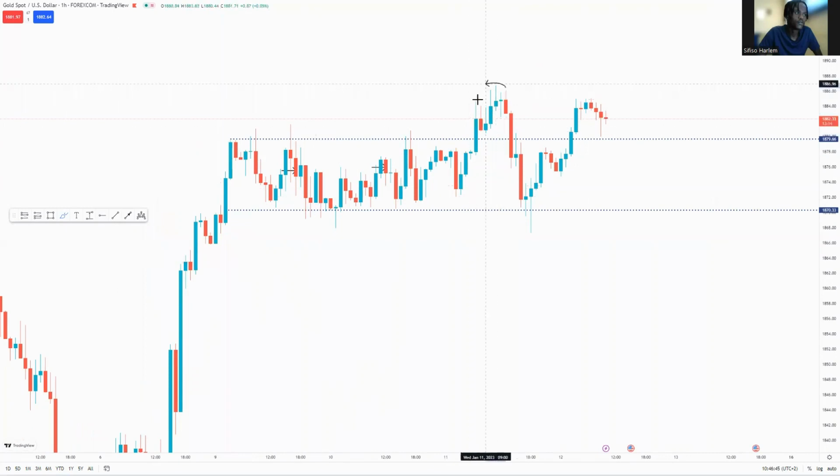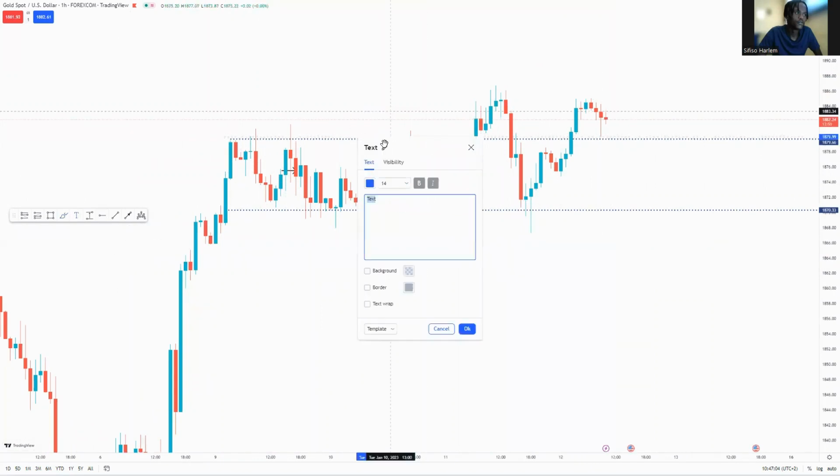Once we had multiple rejections from that zone above our resistance, this is the resistance right there, and this is support.